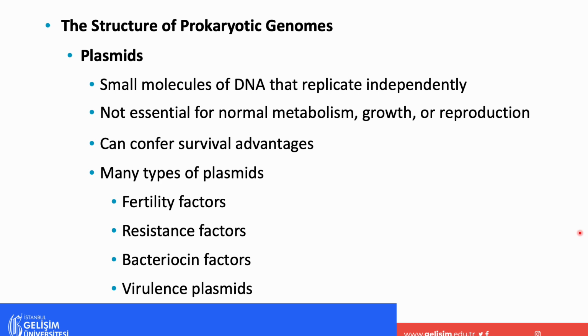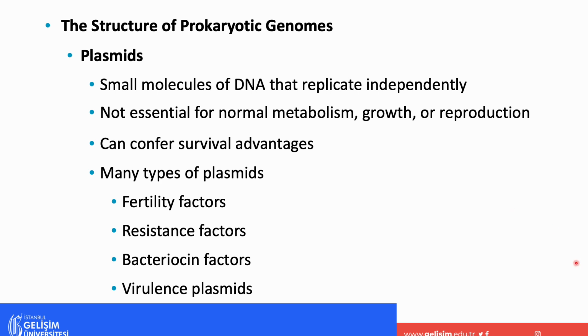Plasmids can replicate independently, and they can be transferred between cells through various mechanisms, including conjugation, transduction, as well as transformation. There are many types of plasmids, and each has its own set of genes and functions.